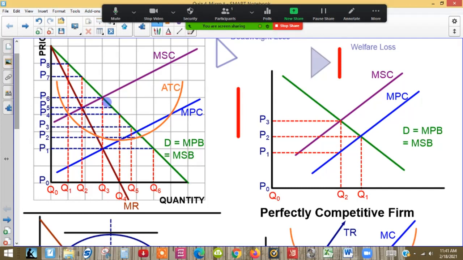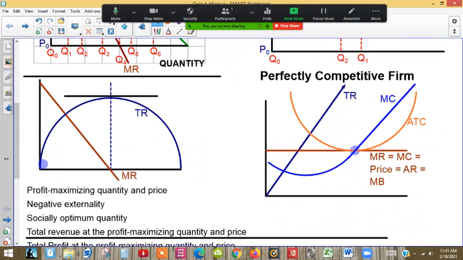Price going down decreases revenue, quantity going up increases revenue. And as long as the quantity going up is greater than the price going down, total revenue is increasing. And we know that total revenue is going to increase as long as marginal revenue is above zero, is positive.